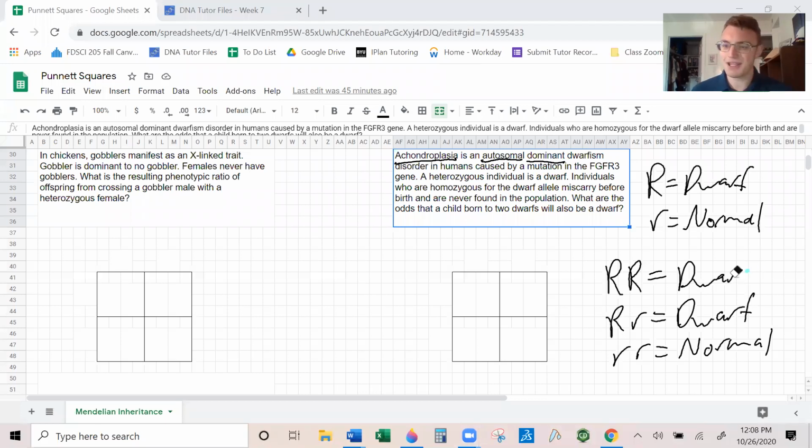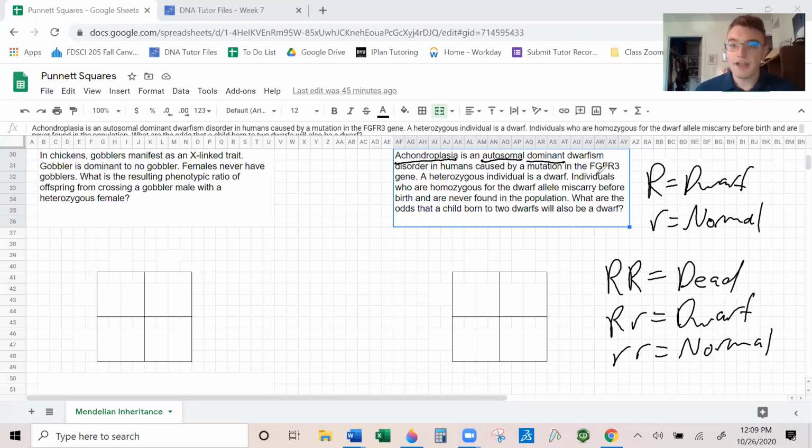Which kind of seems to break your idea of an autosomal dominant question. In reality, this one's kind of sort of behaving more like an incomplete dominant one, isn't it? But for the sake of the question here, just write them out: a big R, little r is dwarf. A big R big R is dead.